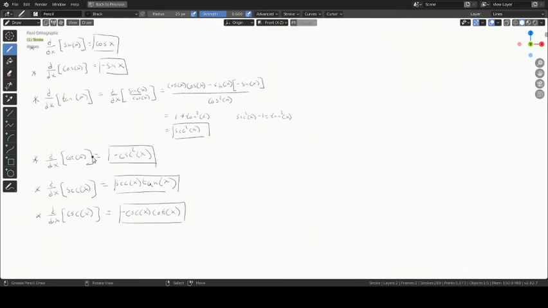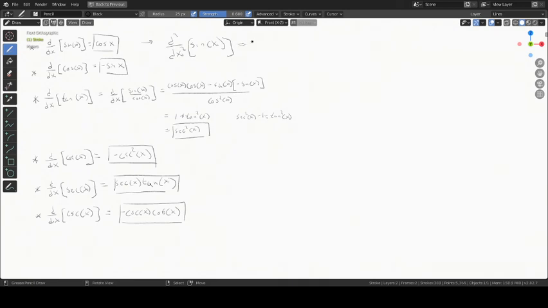Now, another interesting thing to do would be to take the second derivatives of all of these. So the second derivative of sine, in this case, would be d squared over dx squared of sine of x. That would just be equal to the first derivative of cosine, since cosine is the first derivative of sine.